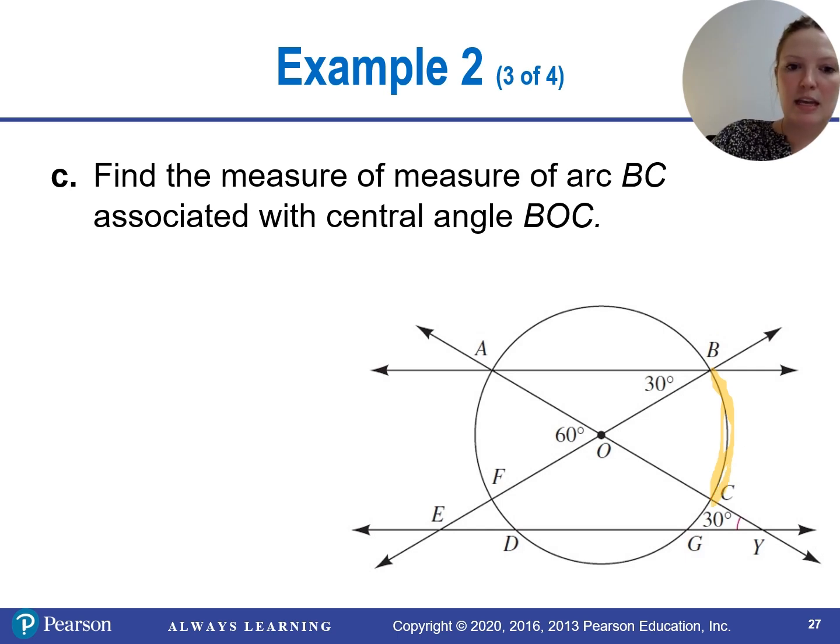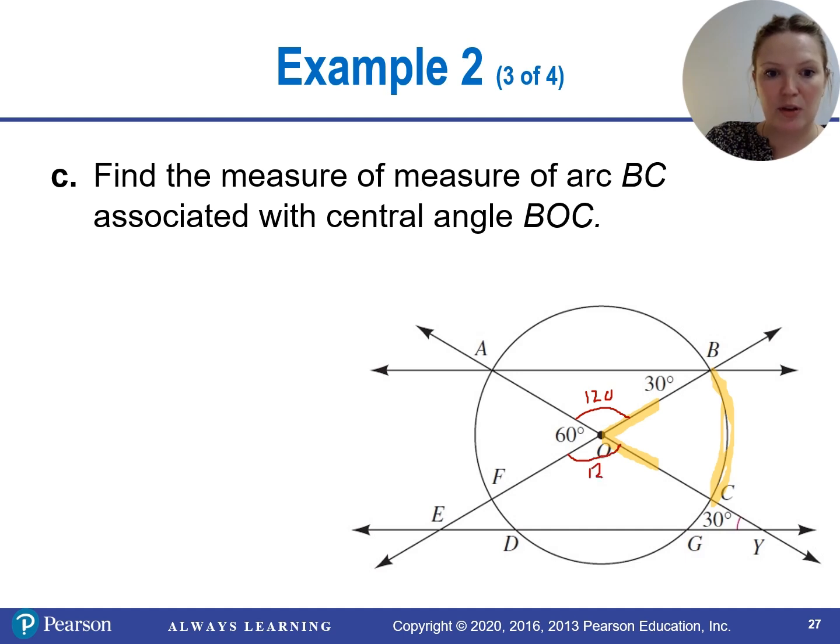We could also ask about the measure of arc BC. This is the same as the measure of the angle BOC. There are, again, many different ways to figure out what this measure is. We already know that this measure was 120, and similarly, this measure is 120.